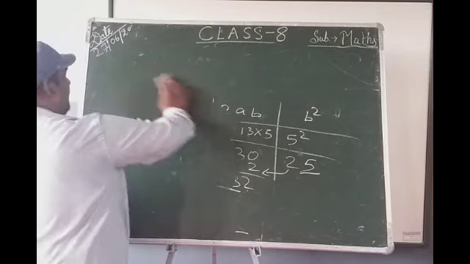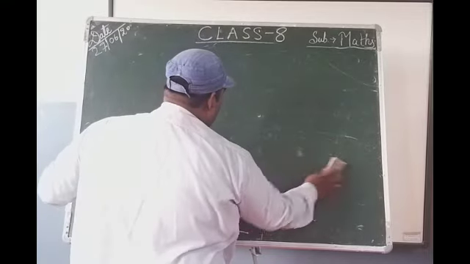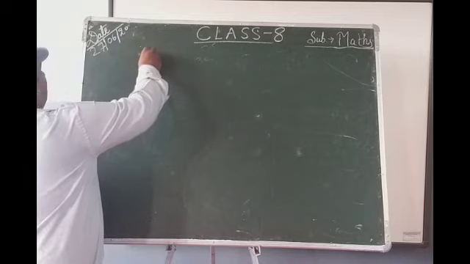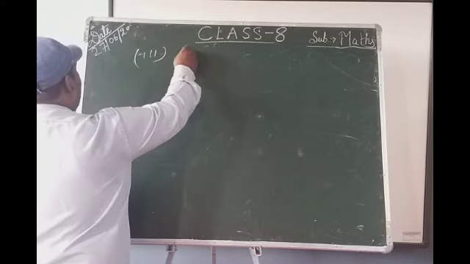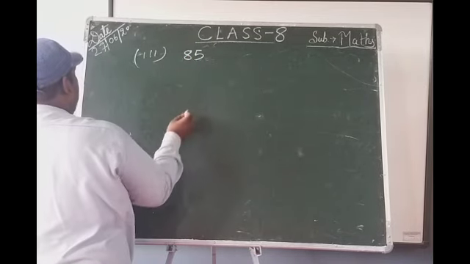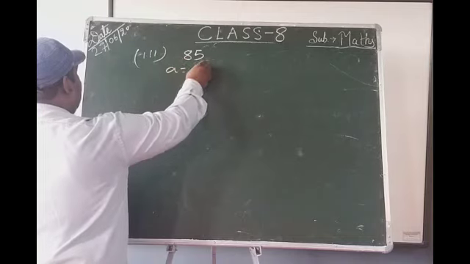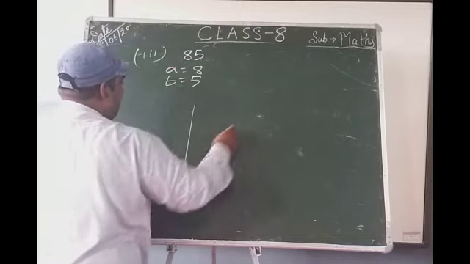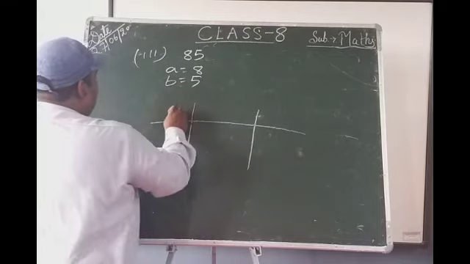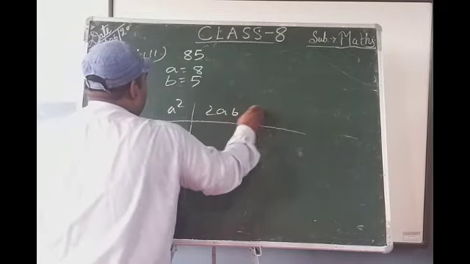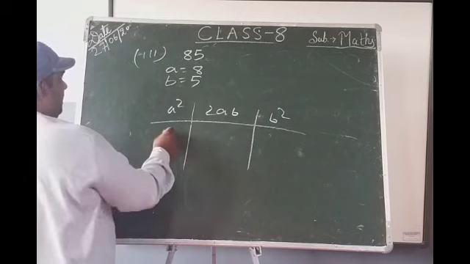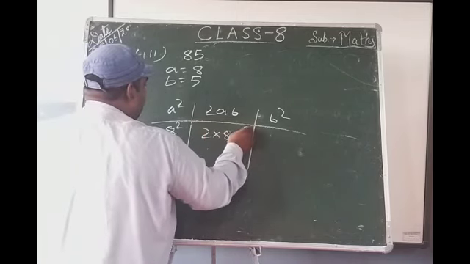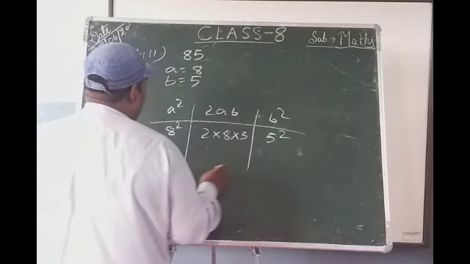One more example, students. Any number, with the help of the column method, you can easily calculate. Suppose that you have to find the square of 85. Here A you take 8 and B you take 5. Make 3 columns. You write 8 square, 2 into 8 into 5, and then 5 square.